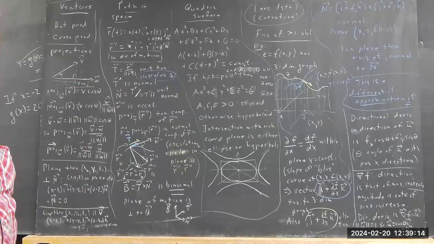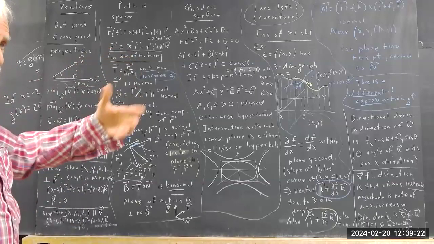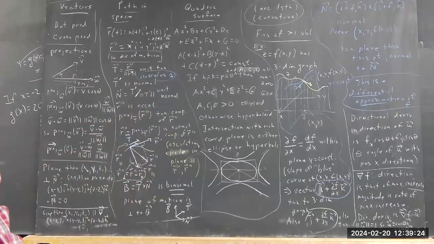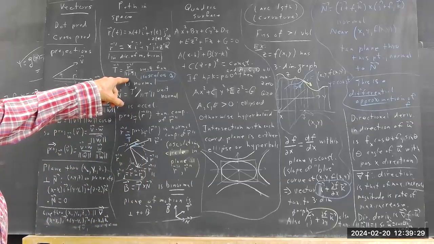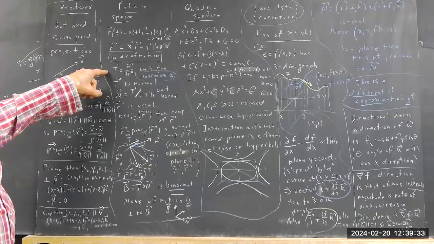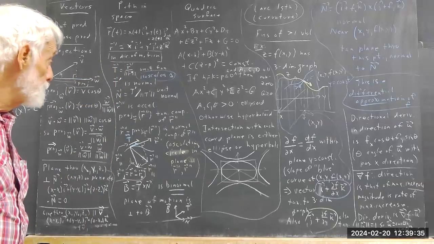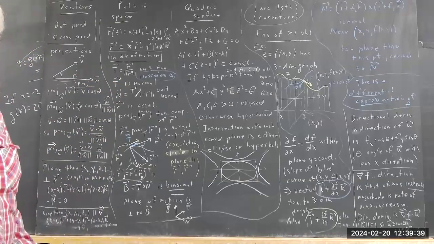But of course, if R is a function of, say, S, arc length, the magnitude of R prime is 1, which means you automatically get a unit vector. And T prime is normal.